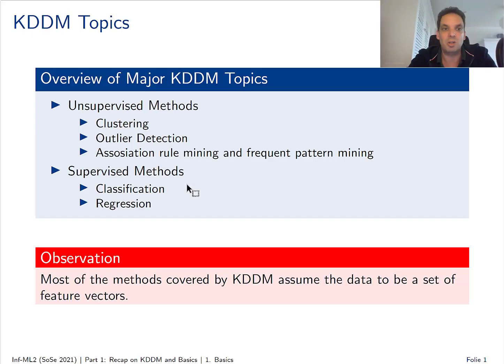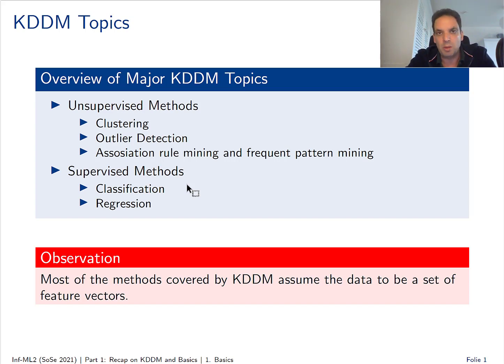So let's jump in. Once again, an overview of the major KDDM topics. The basic methods on unsupervised learning tasks are clustering and outlier detection. Outlier detection can also be supervised, of course, if you have labels, but very often it's unsupervised. And of course, association rule mining and frequent pattern mining. Unsupervised means you don't know anything about the data, no labels, nothing at all. You just have the data.